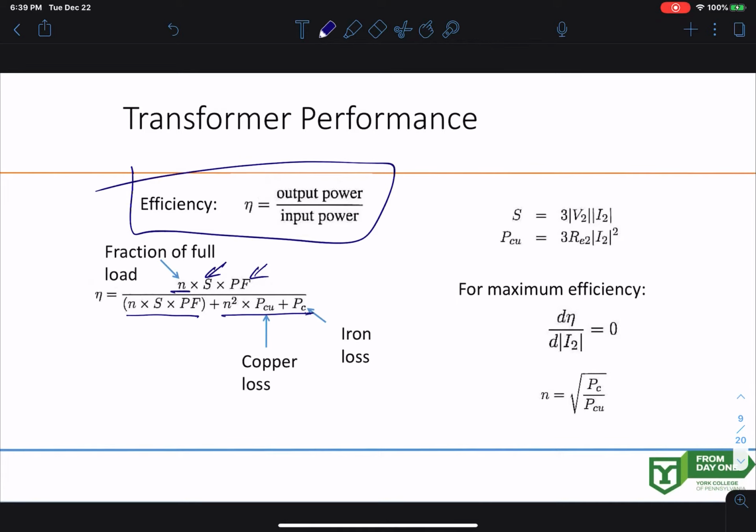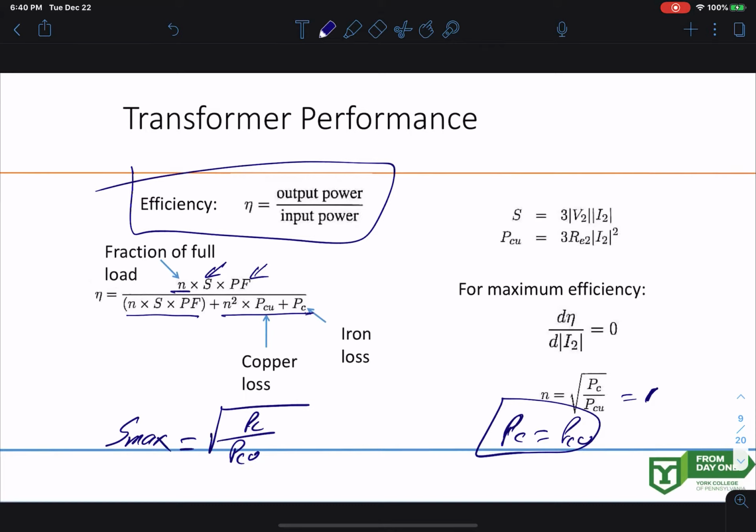And when efficiency is maximum, at that time basically your PC is equal to PCU, right? So maximum efficiency occurs when the copper loss is equal to the core loss. And also, if you're trying to find the maximum capacity of the transformer in apparent power, that would be the square root of PC over PCU times SFL.